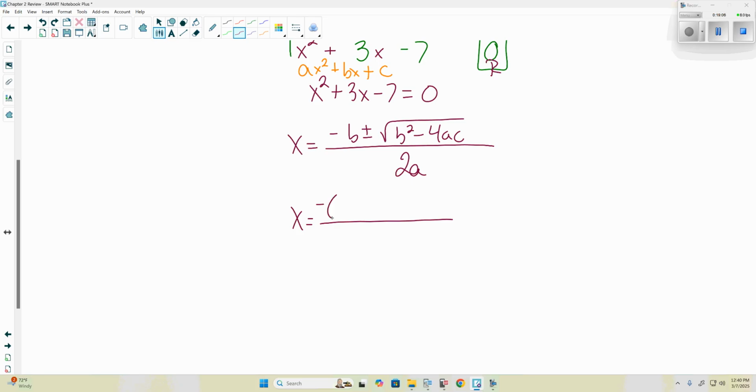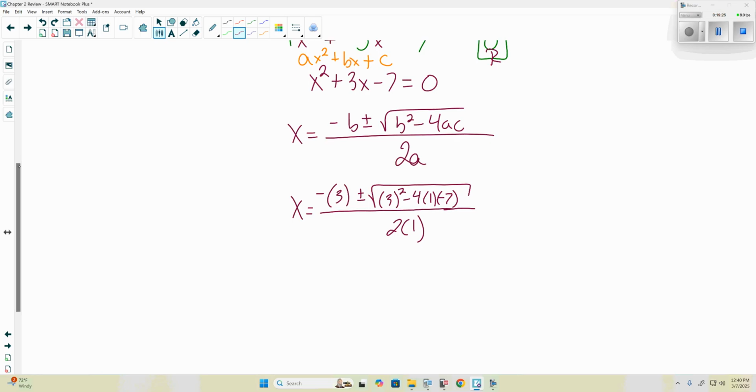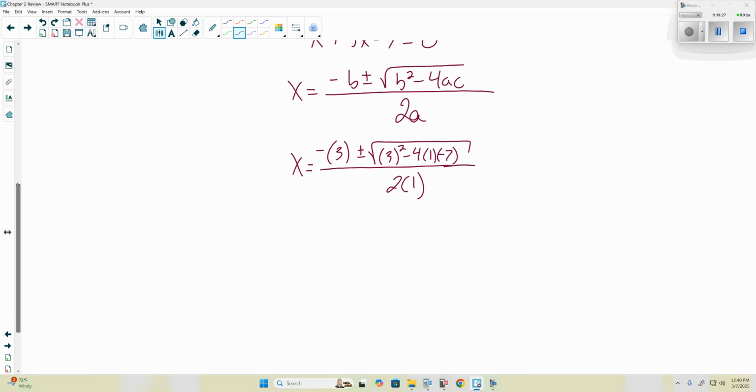So our first thing is -b. So we'd have negative our 3, plus or minus the square root of b squared, 3 squared, minus 4 times our a, which is 1, times c, which is -7, all over 2 times a. Now we'll simplify our -3, just going to be -3. On bottom, our 2 times 1 is going to be 2.